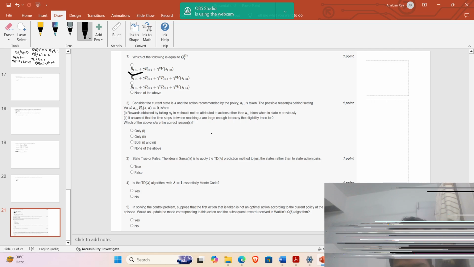Okay. Consider a state S, and under policy A1 is taken. The possible reason behind setting the trace for A equals A1 and the others to 0 is: the reward obtained by taking action A1 in S should not be attributed to actions other than A1.